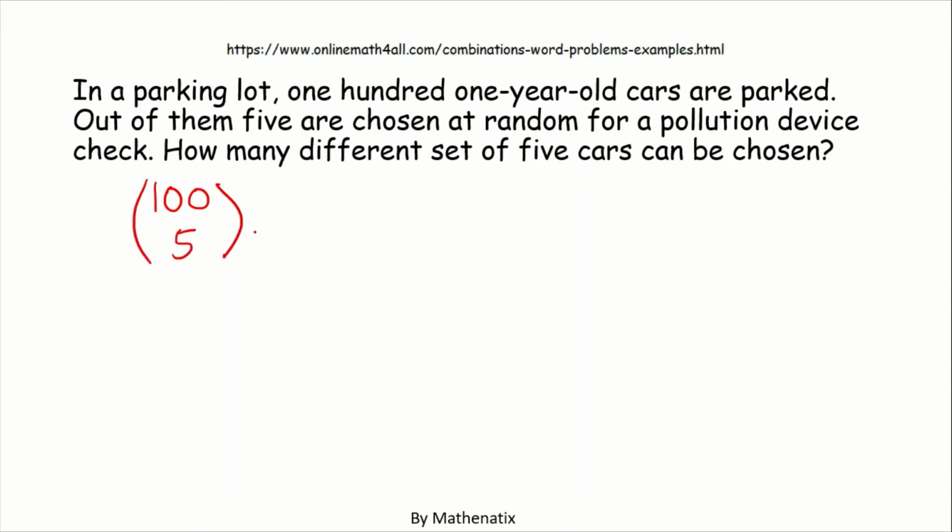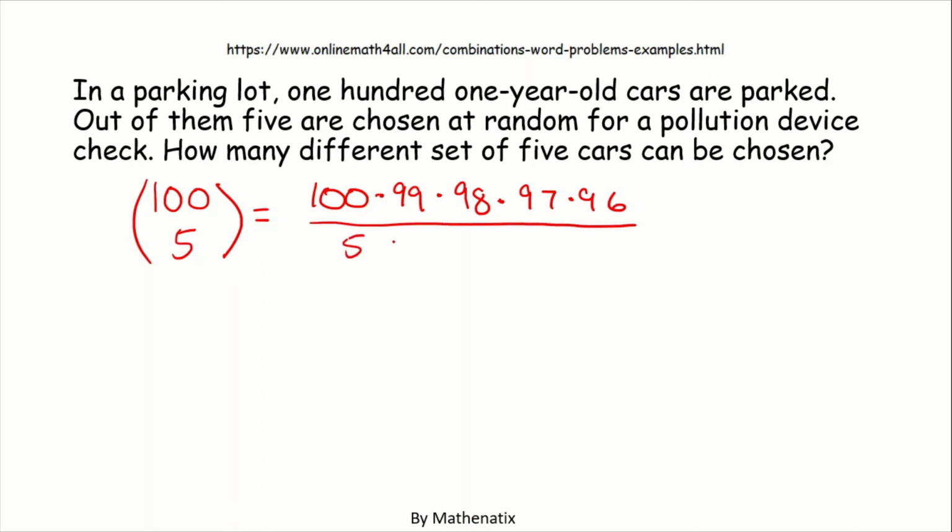100 choose 5. And now calculating this is totally optional. If you did want to calculate this, it would be pretty tough, but let's just go over the steps of how to calculate it. So 100 choose 5 is 100 times 99 times 98 times 97 times 96, all of that over 5 times 4 times 3 times 2 times 1.